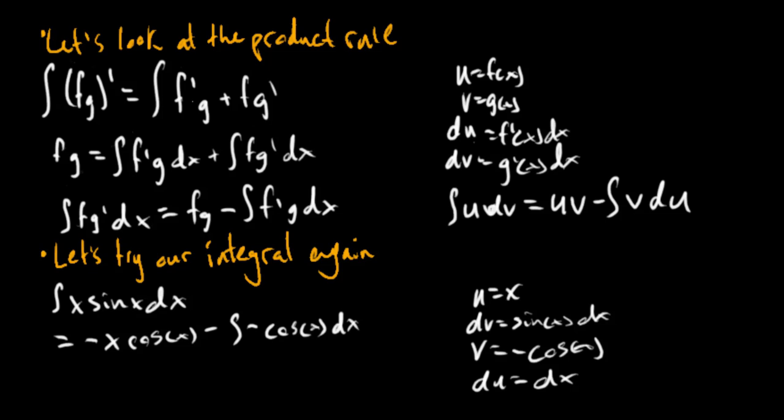And when we evaluate the integral, we see that this is equal to negative x cosine x, and that integral is going to be equal to negative sine of x. So if we subtract negative sine of x, we'll just be adding sine of x. And since it's an indefinite integral, we have plus c. And that is our answer. That is how we do integration by parts.